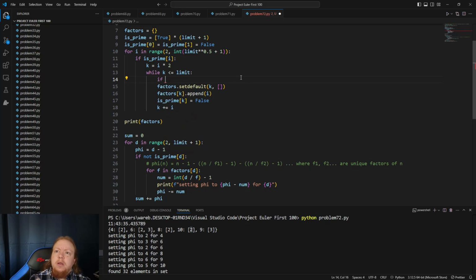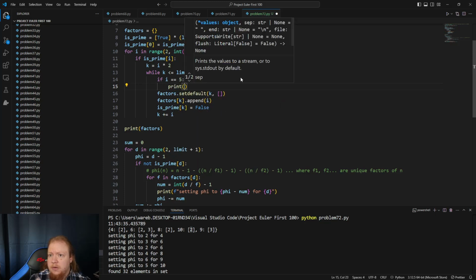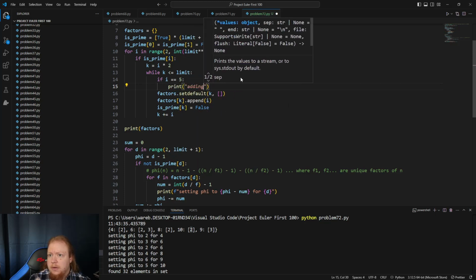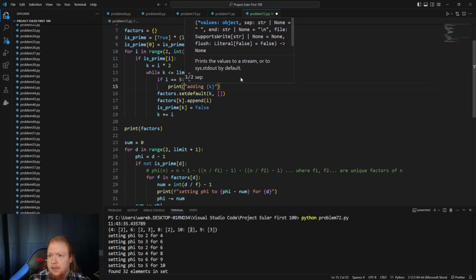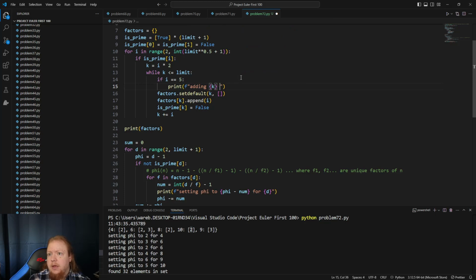We say if i equals 5, print adding k factors.